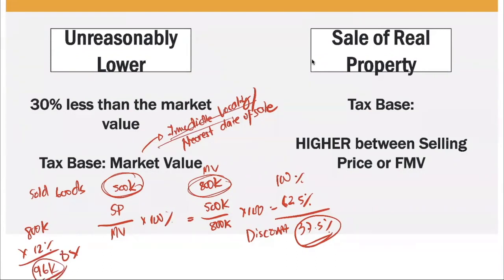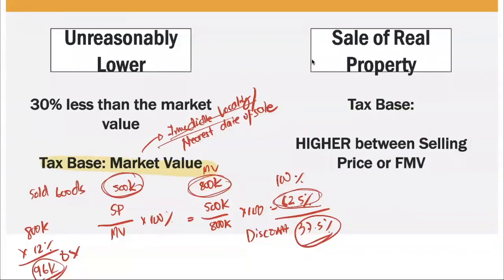To get the discount, you divide your selling price by the market value and multiply by 100%. So we sold it at 62.5% of the market. 100% less 62.5%, our discount is 37.5%. Since this is more than 30%, it is considered unreasonably lower. If that is unreasonably lower, you base it on your market value.